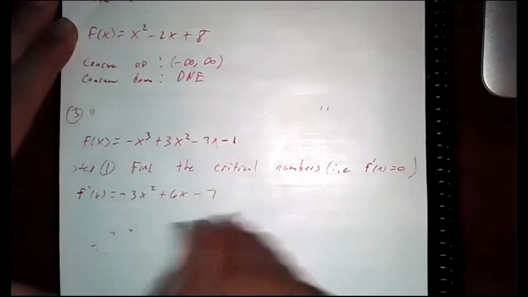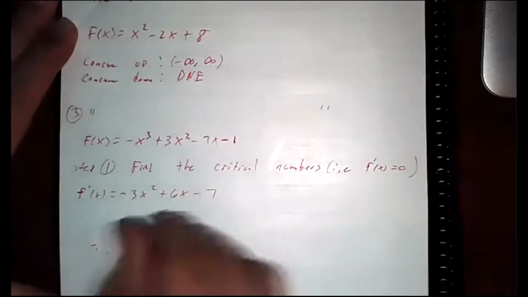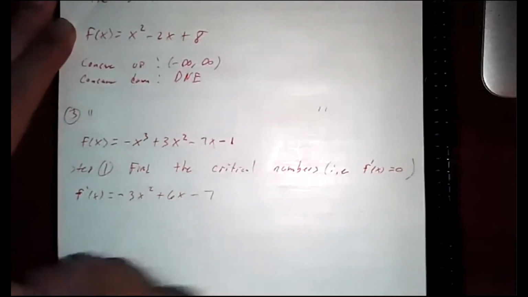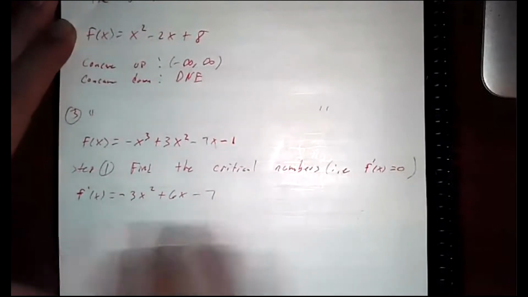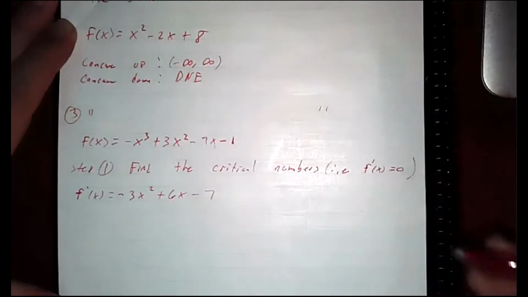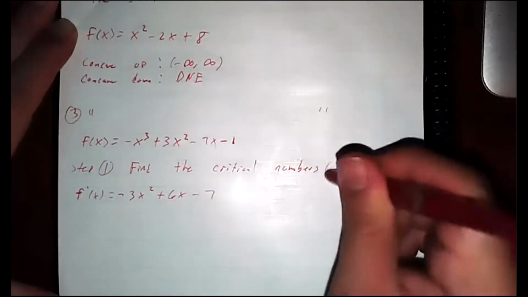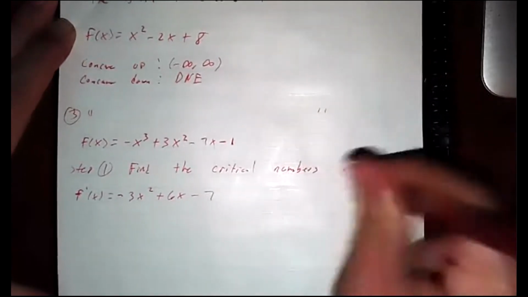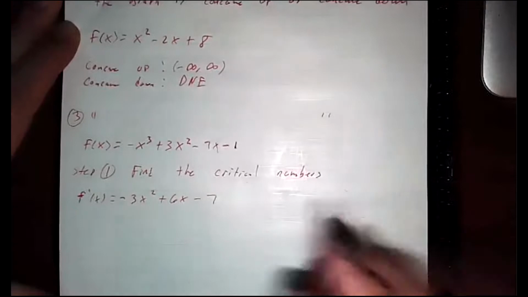So we can't find the critical numbers for this particular question without doing the quadratic formula, which nobody wants to do. But we can find the point of inflection.